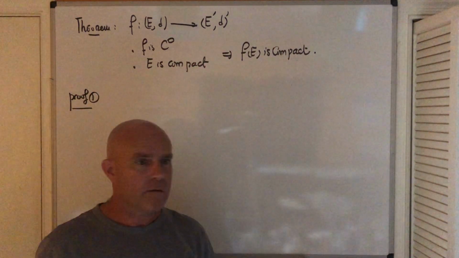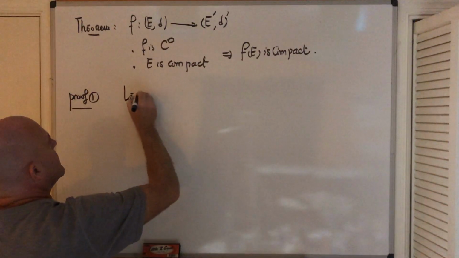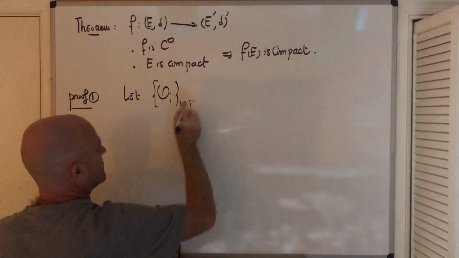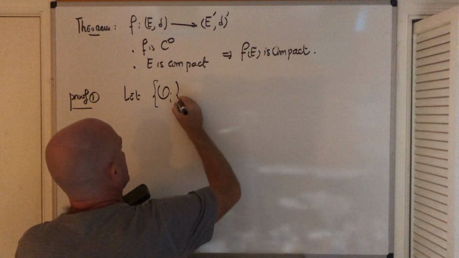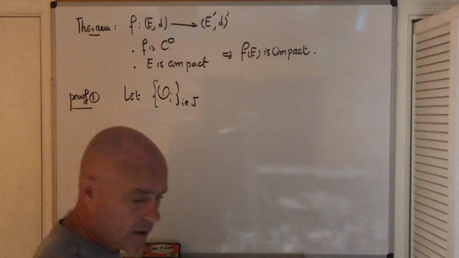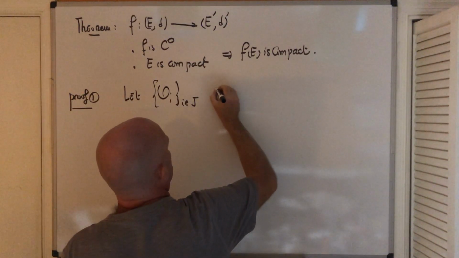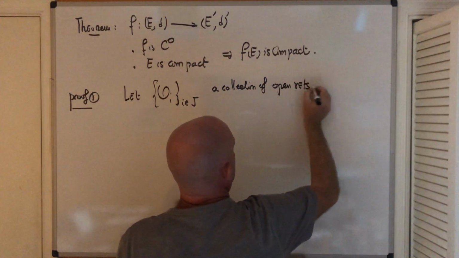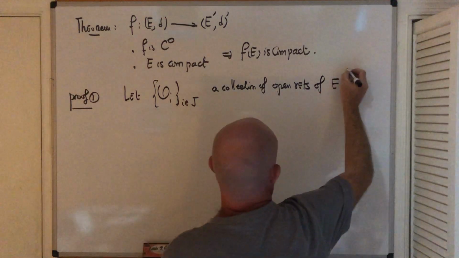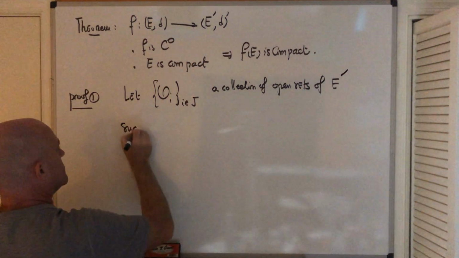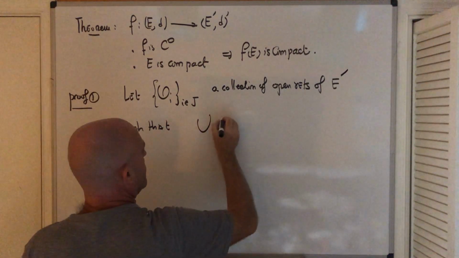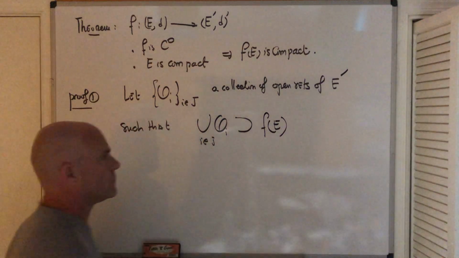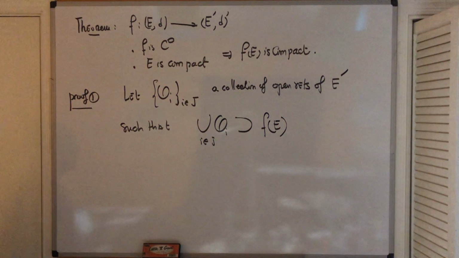You want to show that f of E is compact. Okay, so let's take a covering of f of E. Let O_i, i belonging to J, be a collection of open sets of E' such that the union of the O_i covers f of E. Alright.